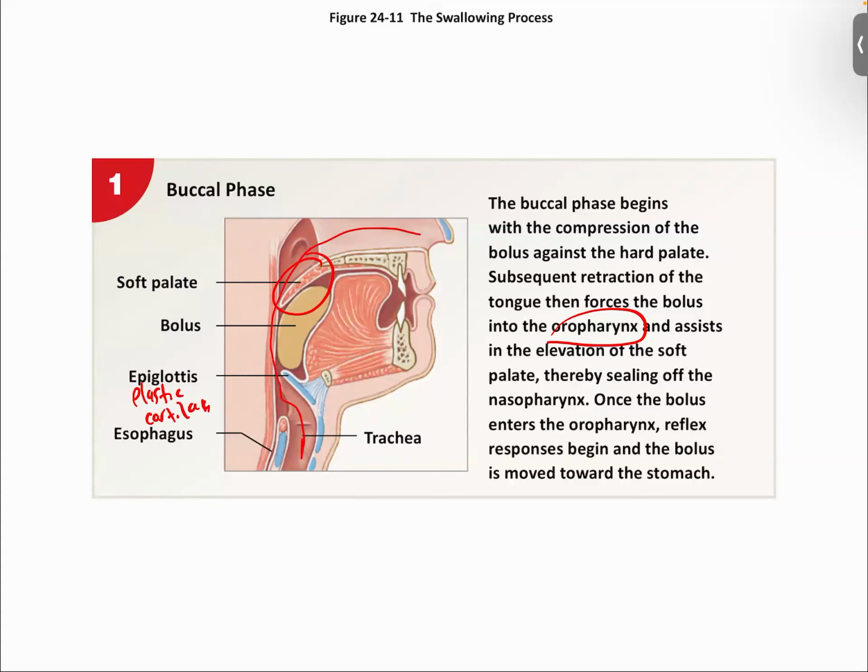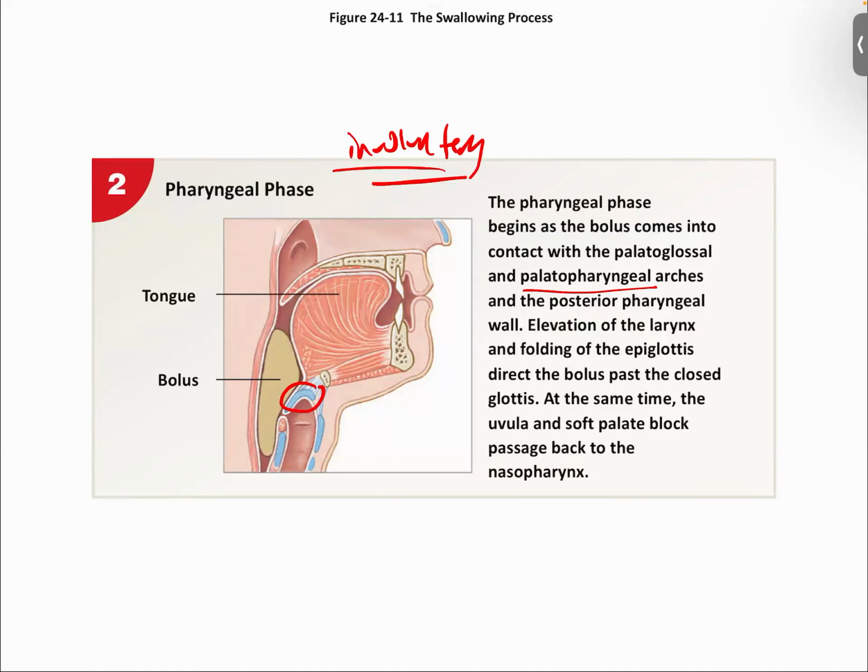But as the food goes down, the food actually hits that little epiglottis flap, and that epiglottis will bend down and close off the trachea, opening up the only thoroughfare for the food, which is through the esophagus. This is basically how you manage to not choke to death when you swallow.